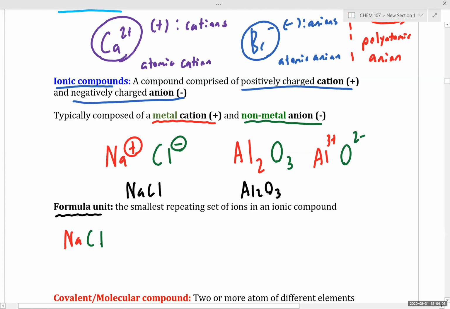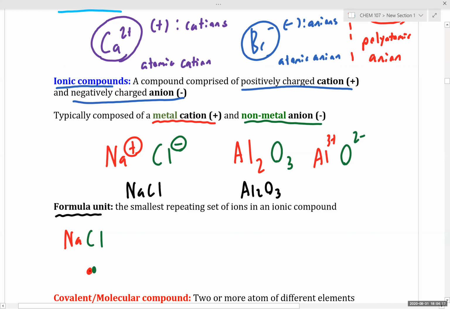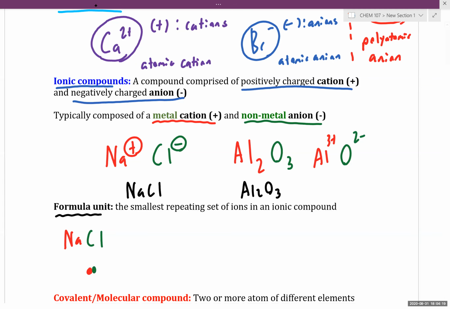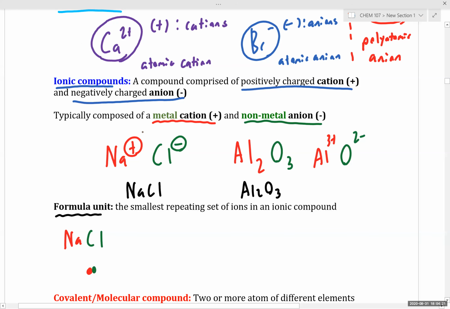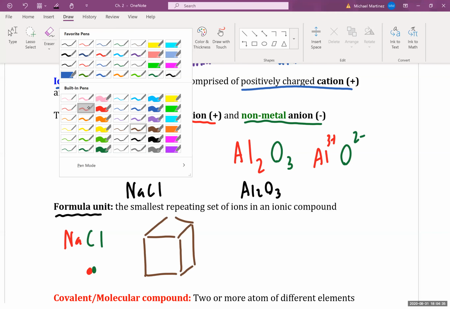Or more specifically, 1 sodium cation and 1 chloride anion. And what we can do is take our simplest ratio of ions and, when we're thinking about ionic compounds, repeat this simplest ratio of ions in order to generate a more complicated lattice structure.